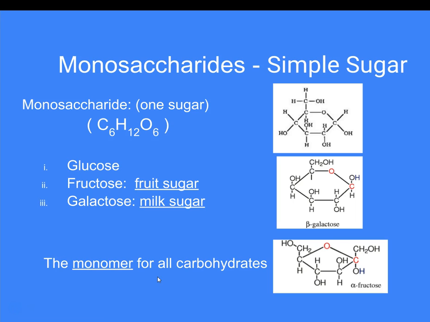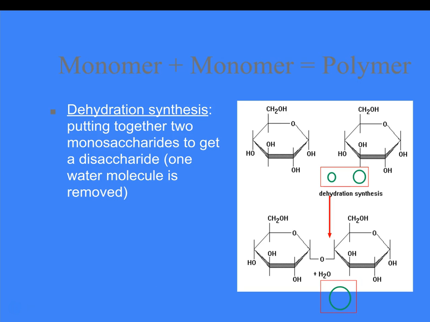If we think about a monosaccharide joining together with another monosaccharide, mono plus mono gives us a polymer. Polymers are more than one monosaccharide joined together. This diagram represents the process that links a monosaccharide to another monosaccharide.